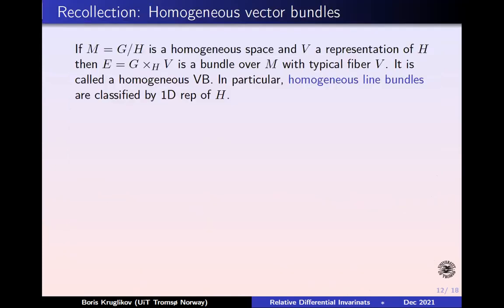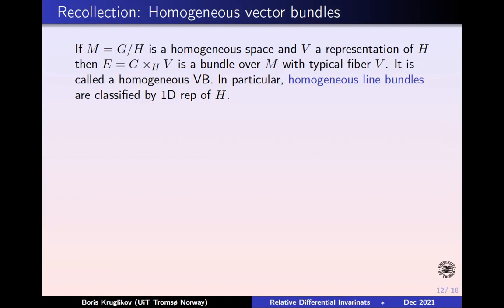Okay, now to describe the next result, I would like to recall something about homogeneous spaces, even though the result will be more general than just homogeneous. So let's consider a homogeneous space G mod H, called M, and let V be a representation of the isotropy group H, the stabilizer.